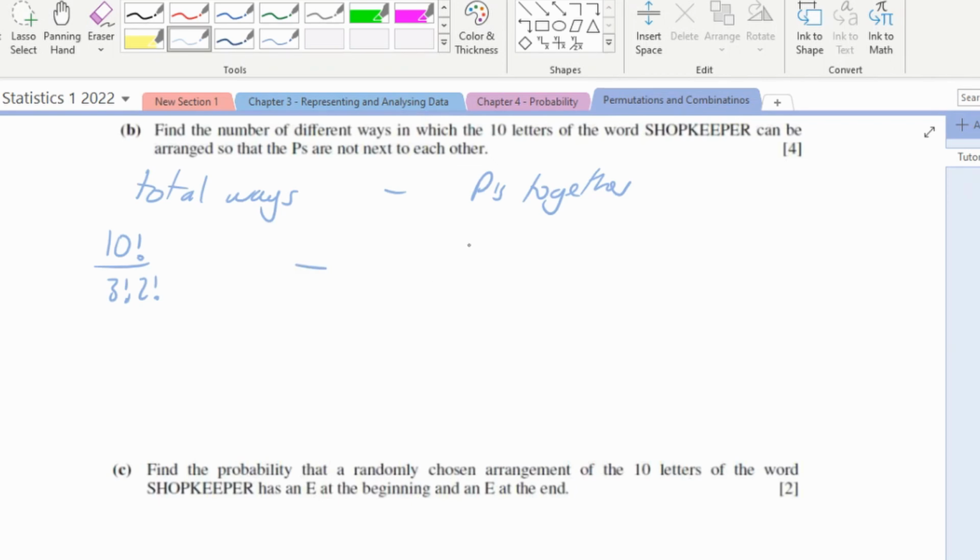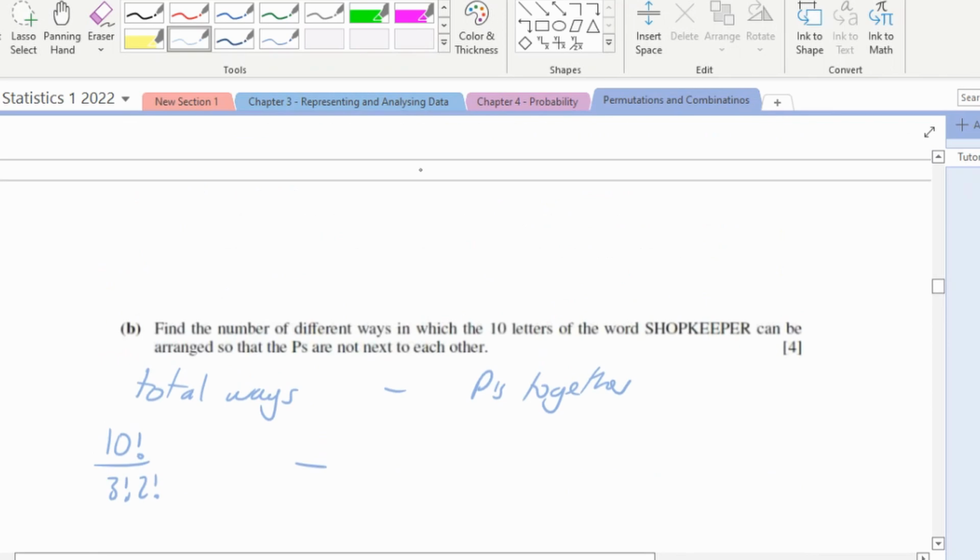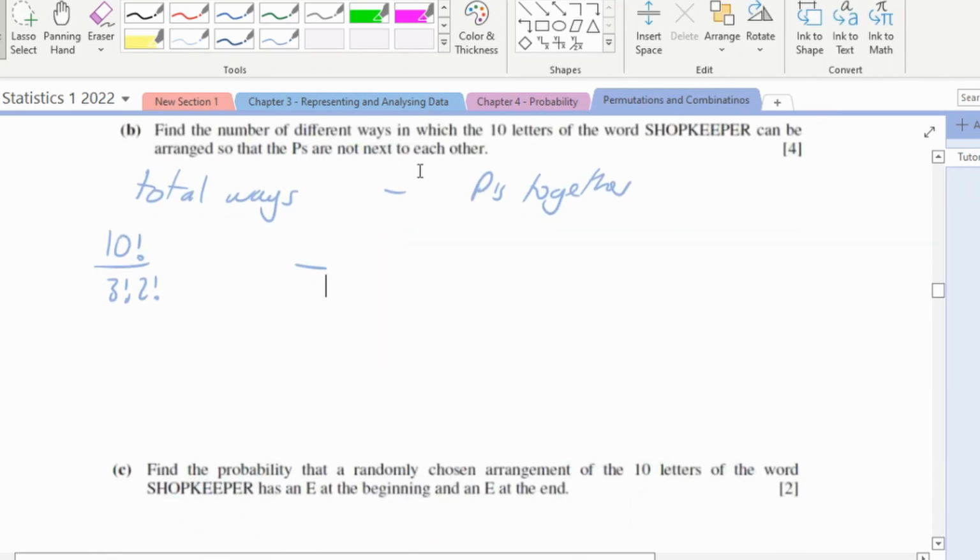So didn't we actually just do the P's together? Or no, that was something else, wasn't it? Okay, if we keep the P's together, what will we have there, Kenny?